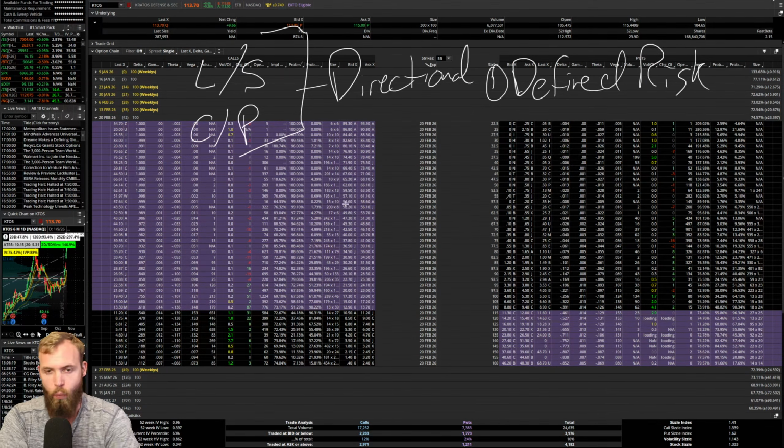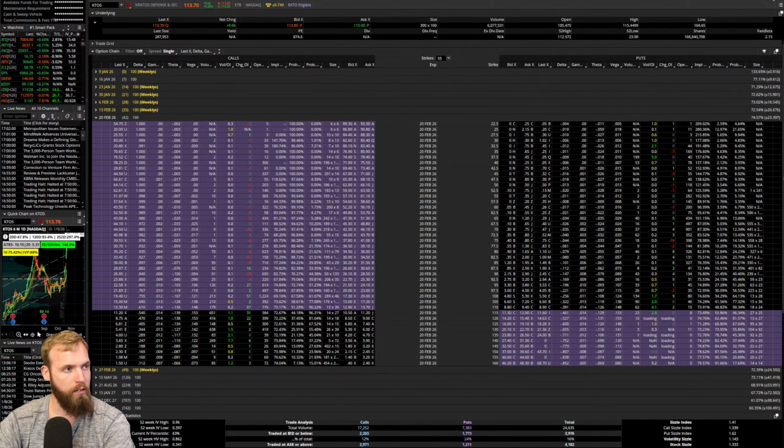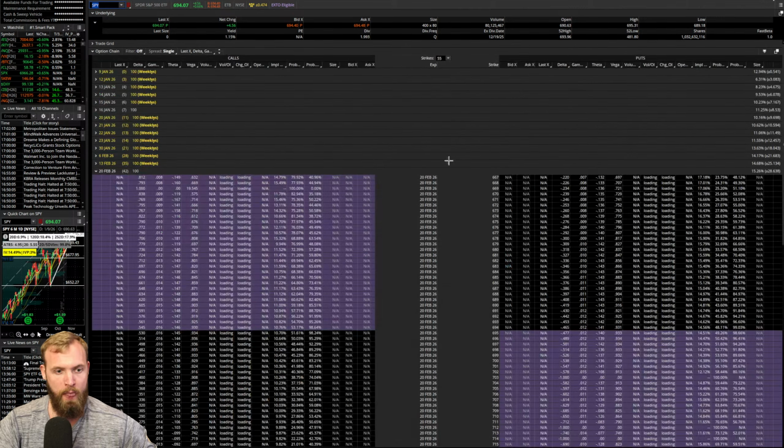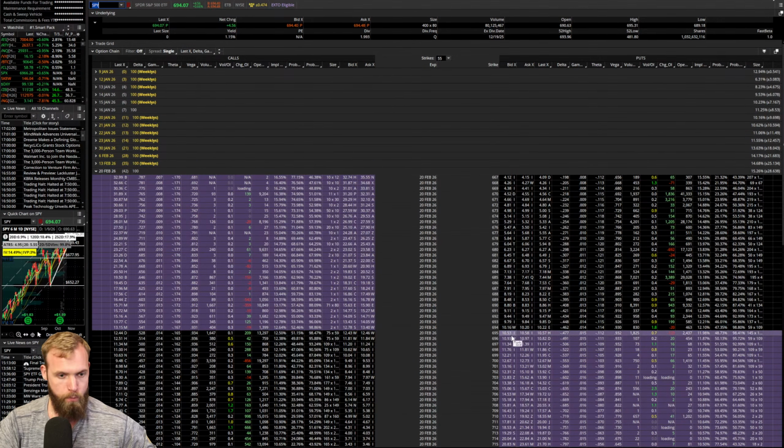Who can tell me, why does it not really matter? Any guesses? Think of what's going on with a vertical spread. And while we're doing that, I want to give you a couple P&L diagrams of all of these. I'm going to get out of Katos just so that we're in something a little more liquid. We'll go into SPY. And I'm just going to make some basic verticals really quick.